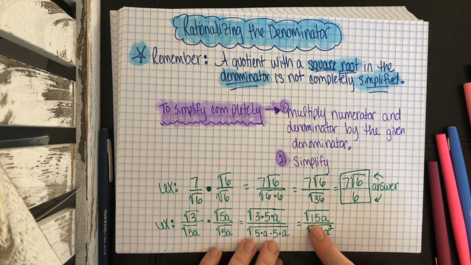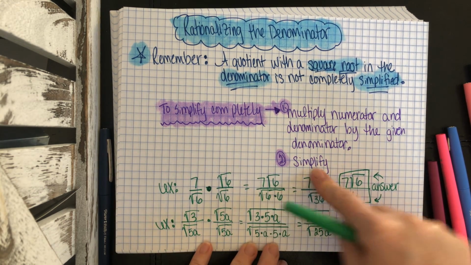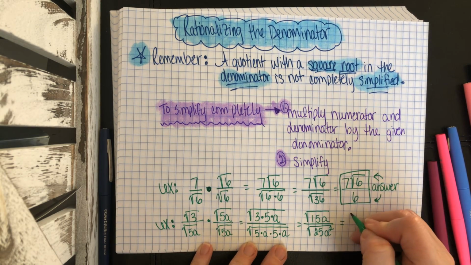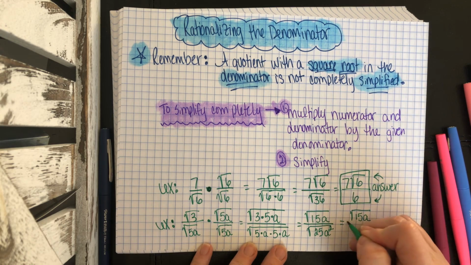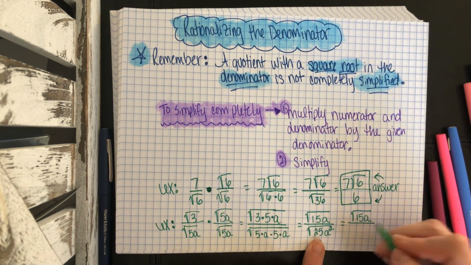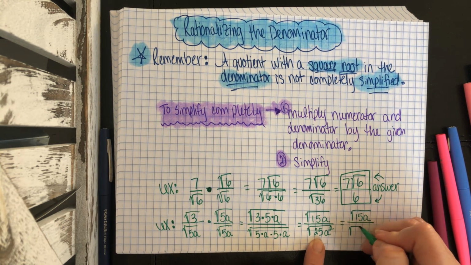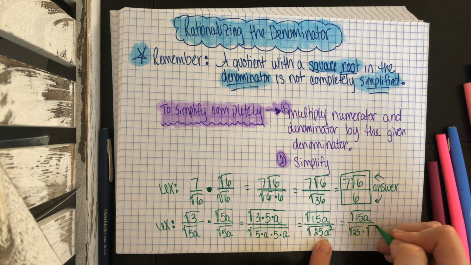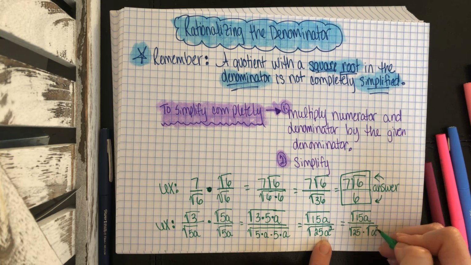If we look at the numerator, now we're at the simplify part. If we look at the numerator, this is already completely simplified. So this is going to stay the square root of 15a. The denominator is the same thing as doing the square root of 25 times the square root of a squared.